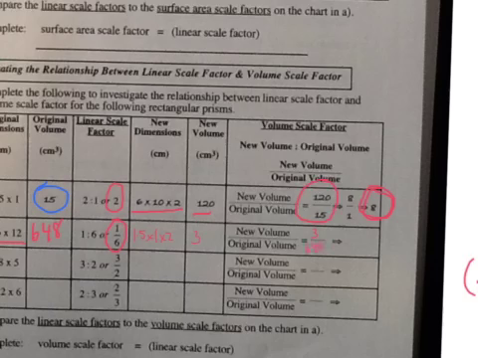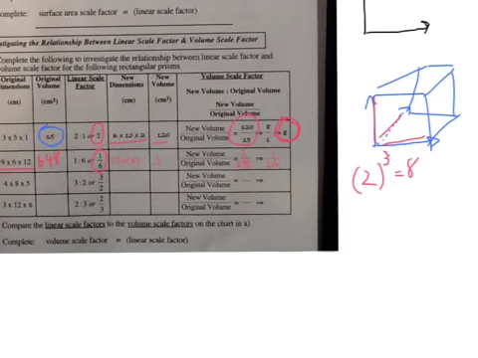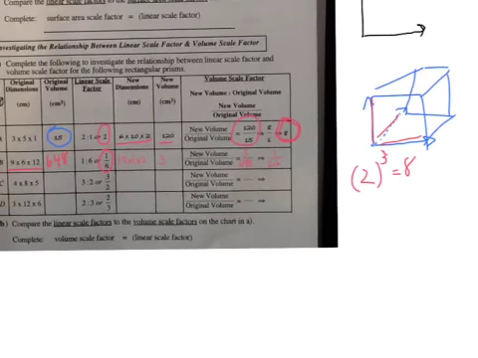If we reduce this, you actually get a volume scale factor of 1 over 216. So if we look at what our scale factor was, our linear scale factor is 1/6. Now we're working in 3 dimensions, so if you cube 1/6, you'll get 1 over 216. 6 times 6 times 6 is 216.